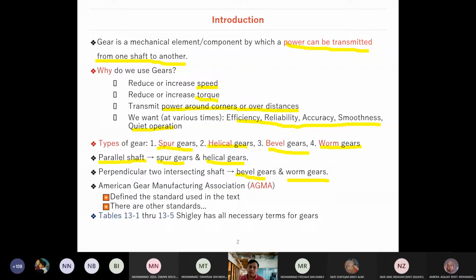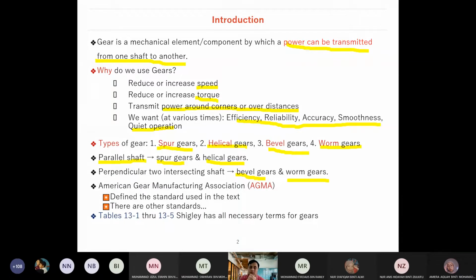When you talk about gears, we as engineers do not need to design the gears. The standard is there. We call it AGMA, which stands for the American Gear Manufacturers Association. This standard has defined everything about it, how to calculate, what the sizes are, and everything.